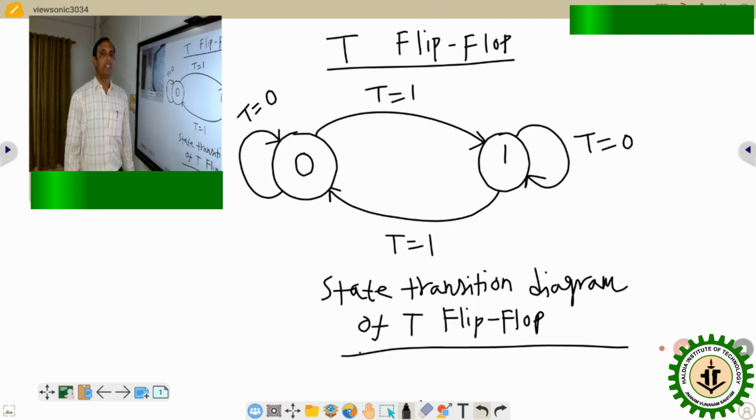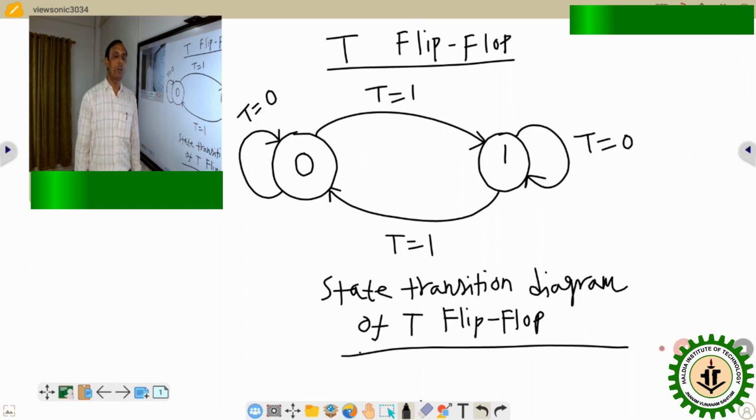But if we are not maintaining the proper clock pulse, then due to the continuous clock pulse, the output may change again, and the final output will be uncertain. It will be any value, and every time it will not maintain the complement of the current output.